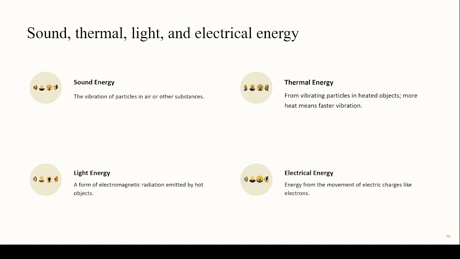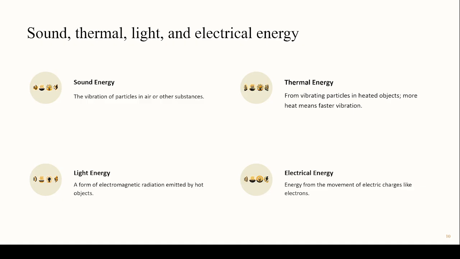Now thermal energy is also where vibration of particles happens, and we will learn more about thermal energy in another lesson. But in thermal energy, when you heat something, let's say you are heating an iron rod. The iron rod is solid, but it is still made up of atoms.